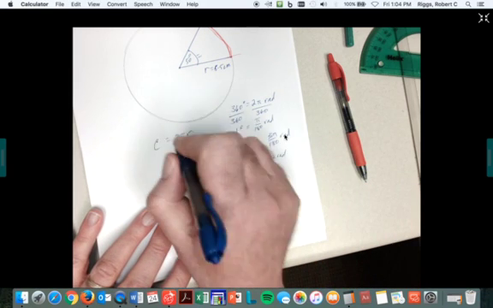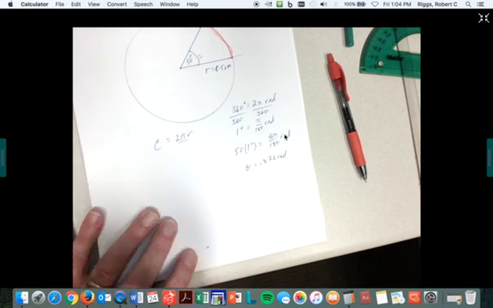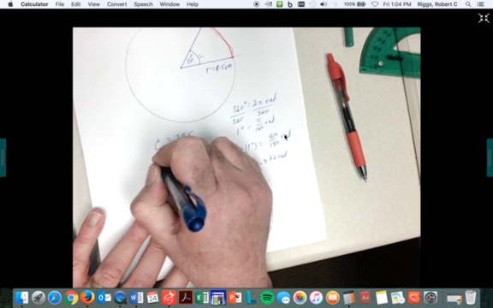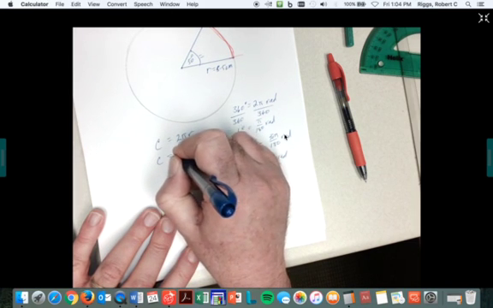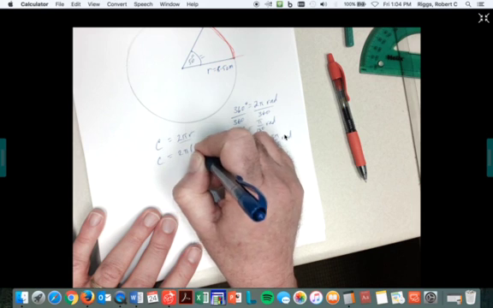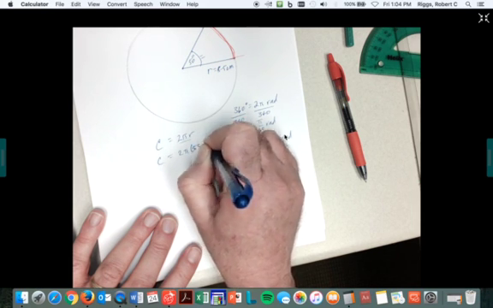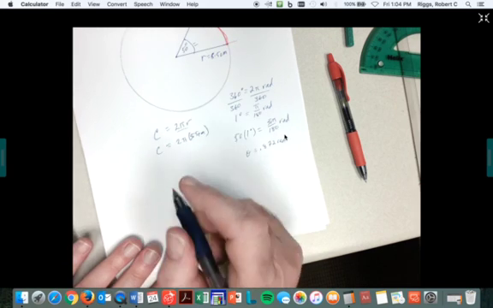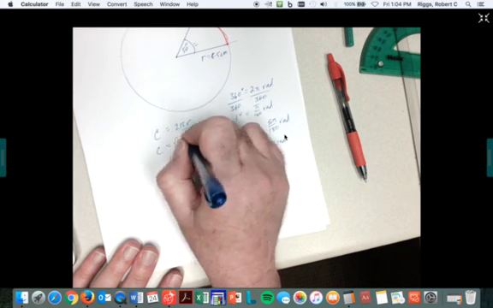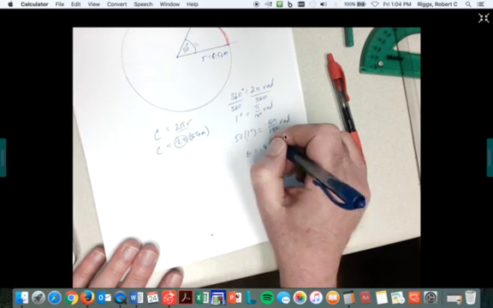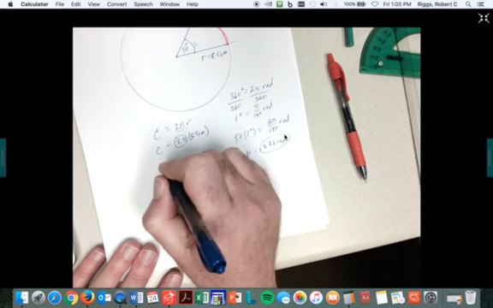So we know this is 2 pi radians, so the circumference, C, to go all the way around the circle would be 2 pi times 5.5 centimeters, whatever that comes out to be. But what's my angle here? My angle here is 0.872.